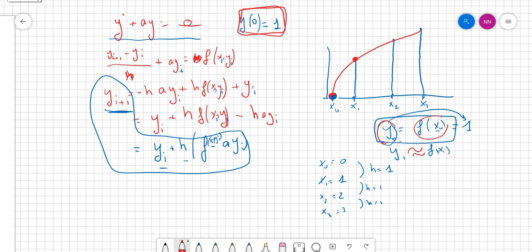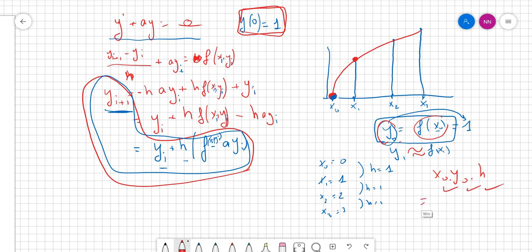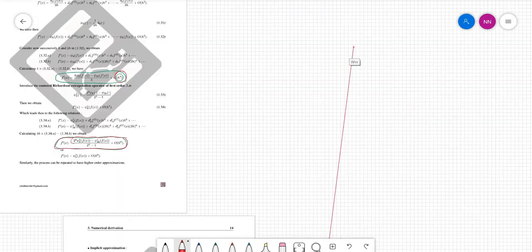So how do we do it? Using the formula that we obtained in here, we know x0, we know y0, we know h, all known values, so we can calculate y1. So y1 will be somewhere.